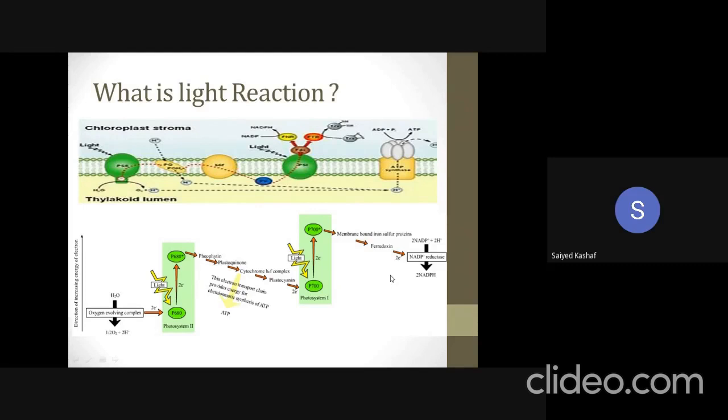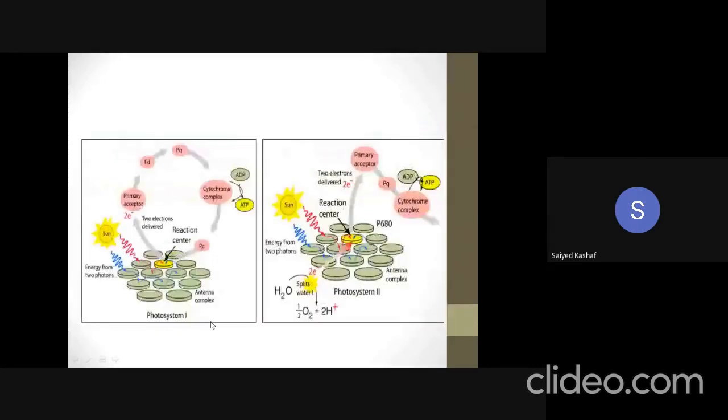So here we have made assimilatory power, NADPH plus H plus and ATP, right? And this photosystem 2 non-cyclic photophosphorylation always takes place in a unidirectional form, or you can see the difference.